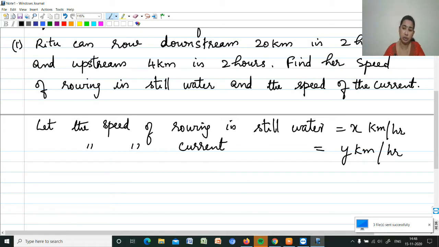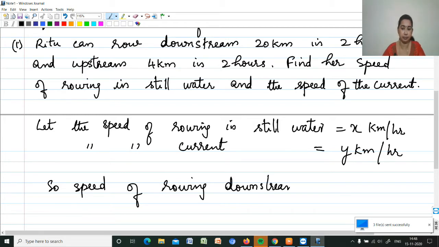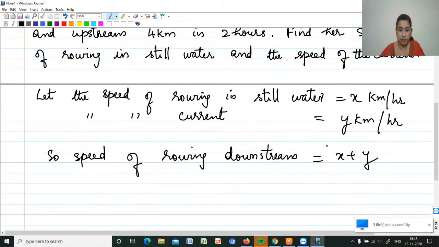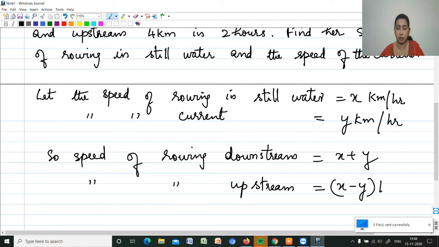The speed of rowing downstream will be x plus y, and the speed of rowing upstream will be x minus y, that much kilometer per hour.